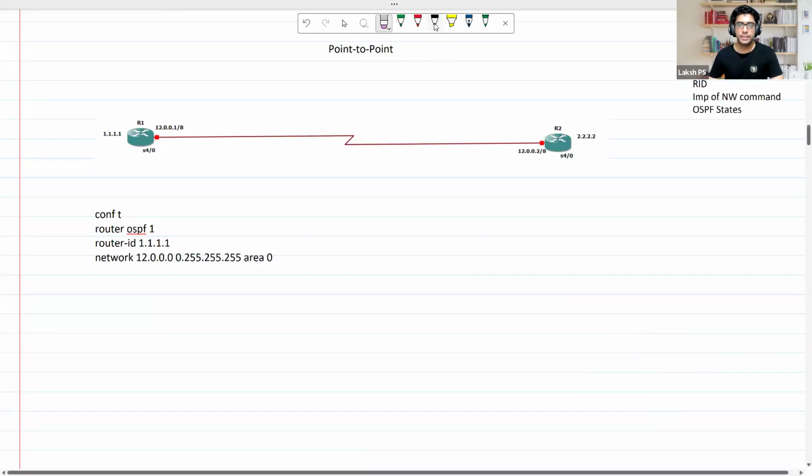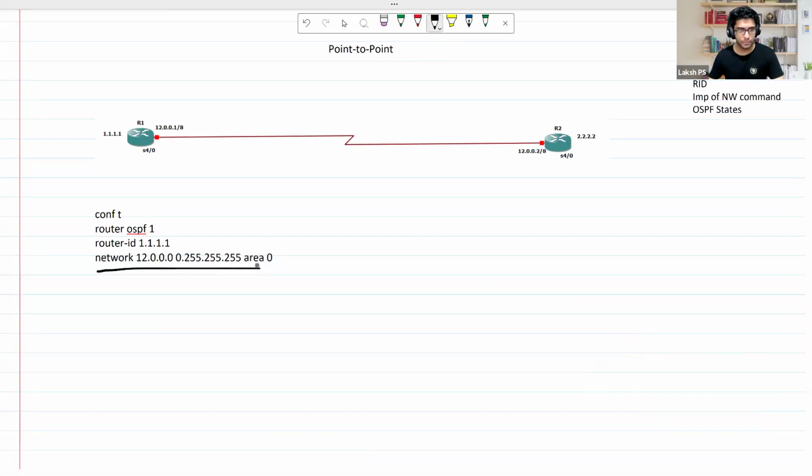So once you enable OSPF using this command on R1 and R2, for example, R1 will enable OSPF on this interface and it will start to send OSPF hello messages. Now, what are the contents of a hello message, or what exactly is a hello message?